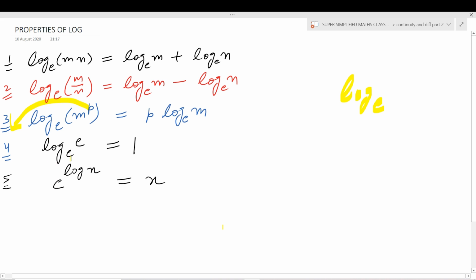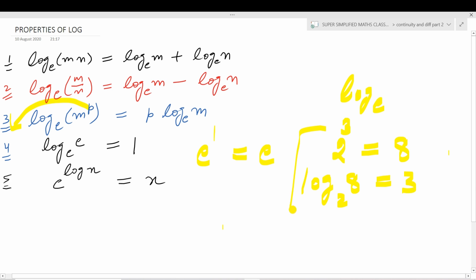And log to the base e of e is 1, because e raised to the power 1 is equal to e. Students, if I want to write any exponent statement in terms of log, I will write it like this. Suppose we have 2 raised to the power 3 is equal to 8. This exponent statement in terms of log will be log to the base 2 of 8 is equal to 3.